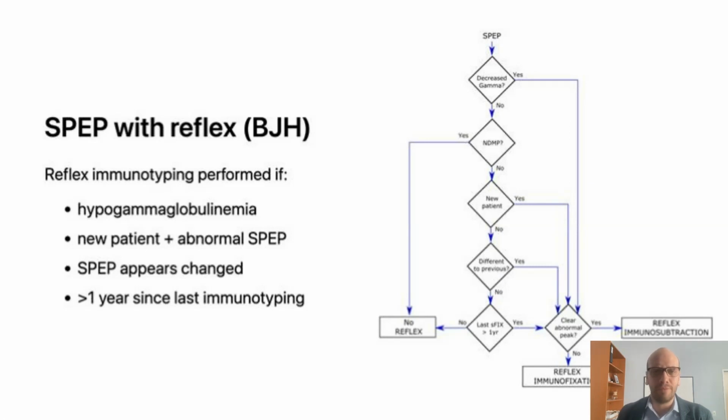So we perform upfront protein electrophoresis, and then immunotyping is performed if the patient's sample is hypogammaglobulinemic, if this is a new patient and there's an abnormality observed on the electropherogram, if this is a known patient and we observe a change in the pattern from a previous study, or if it's been at least 1 year since the previous immunotyping was performed.